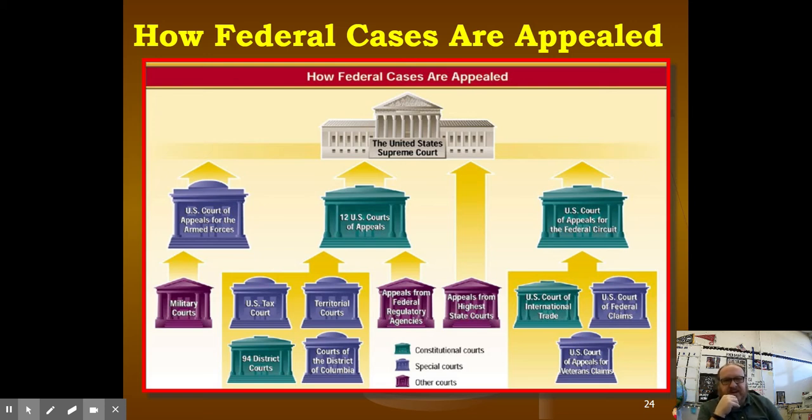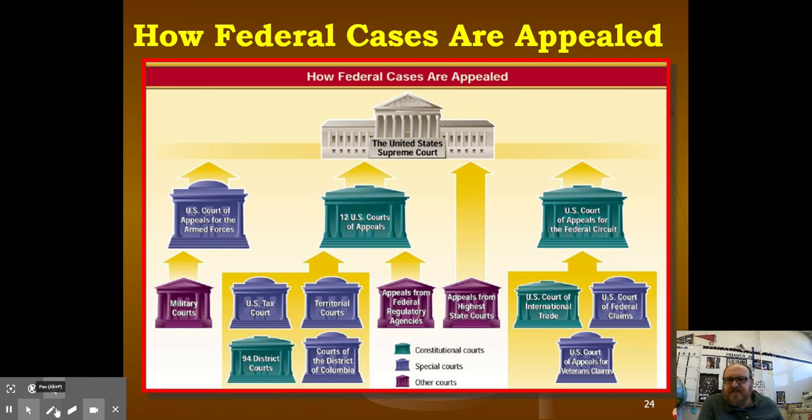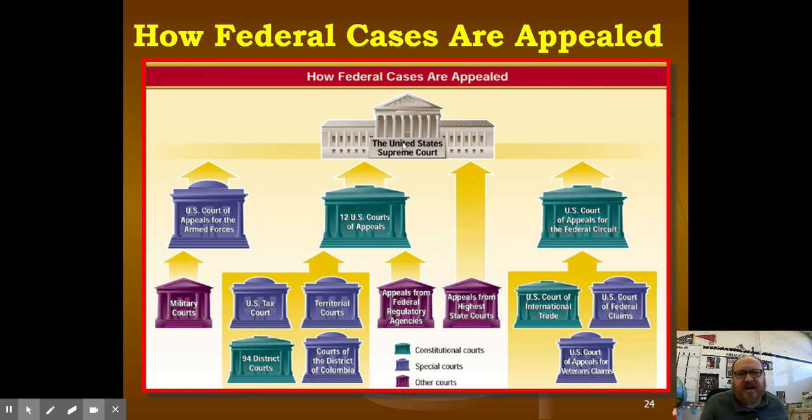So if a case is heard in any of these lower courts, and then someone decides that they want to have another court look at it, it has to go up to the next level. And then from these, it goes up to the Supreme Court. So if you still don't like what was decided at this middle level, you can apply to have the Supreme Court hear your case.